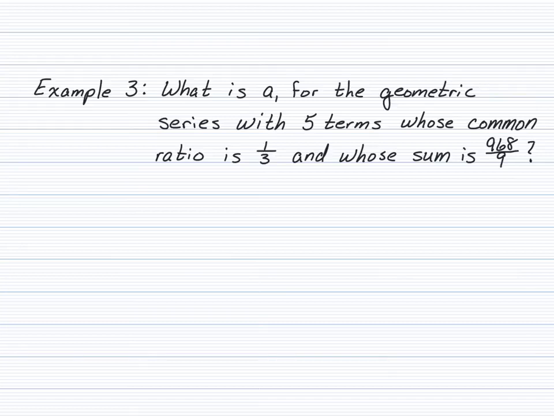All right, so for our next problem, it says what is a sub 1 for the geometric series with 5 terms whose common ratio is 1/3 and whose sum is 968.